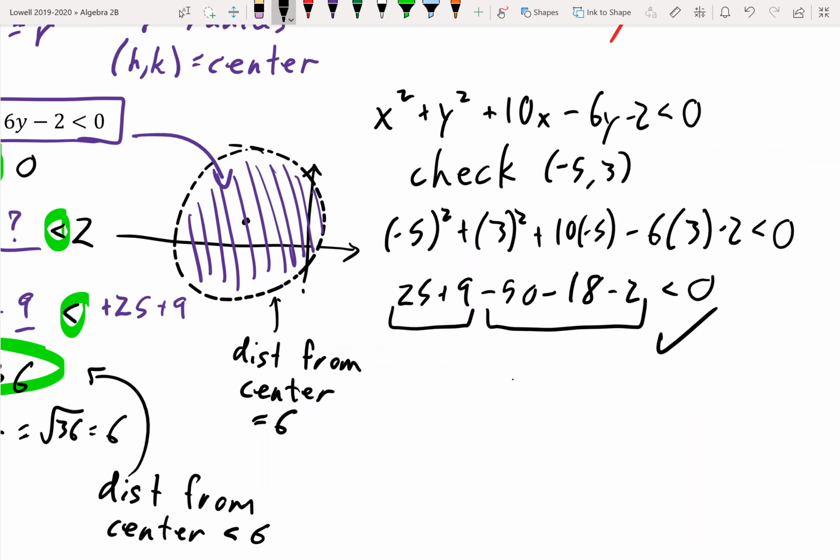And so what does this mean? Well, when I plugged in this point, it makes the inequality true.